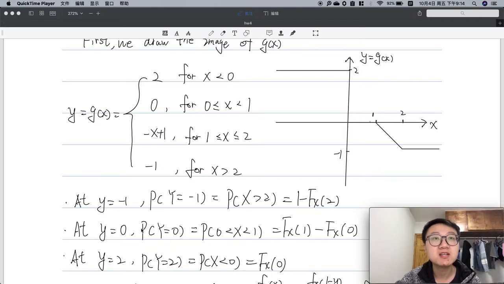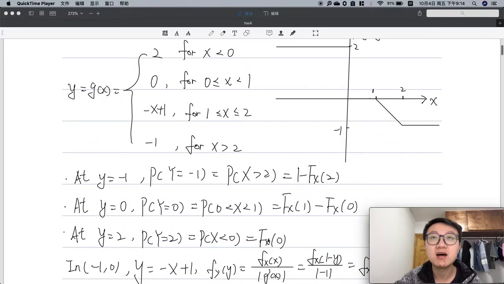The probability when y is equal to 0 is equal to, see this image, when y is equal to 0, x is between 0 and 1, so we have the distribution function.